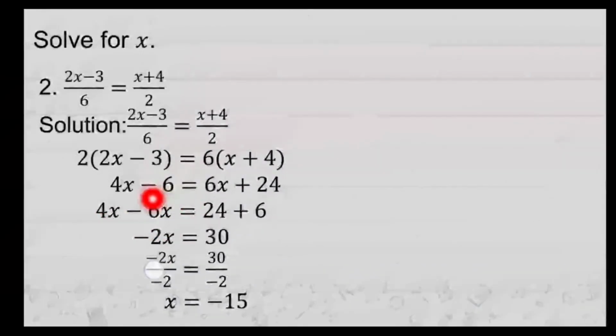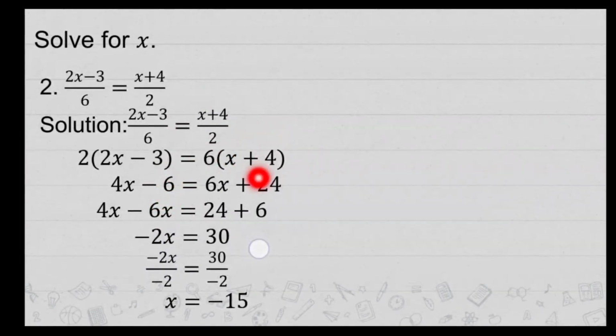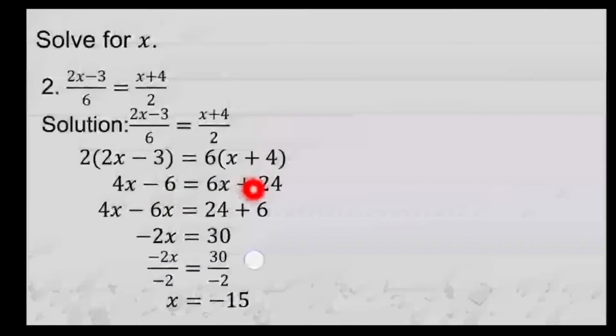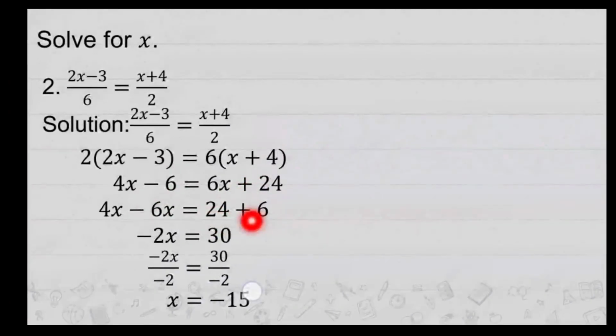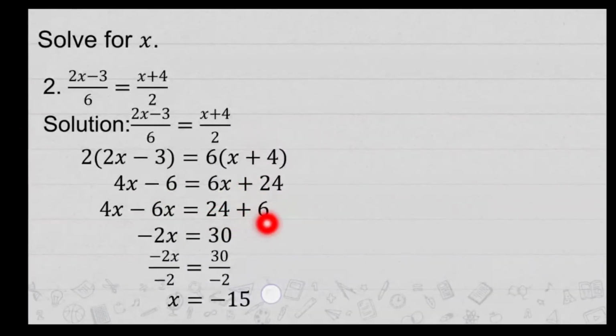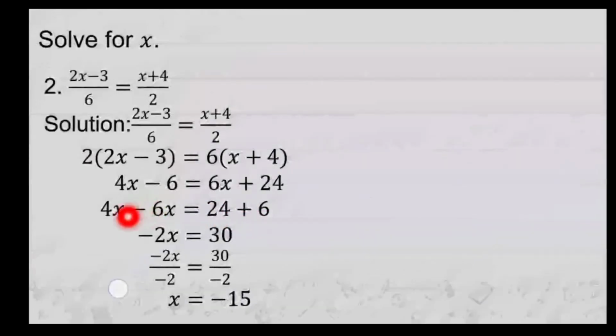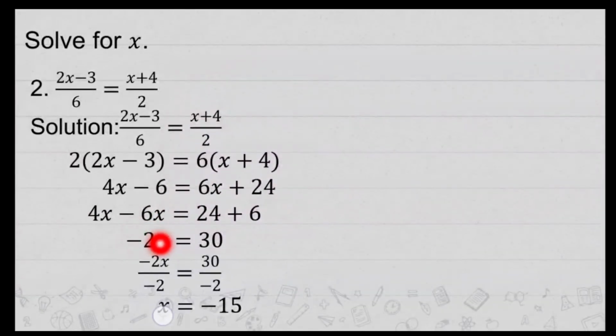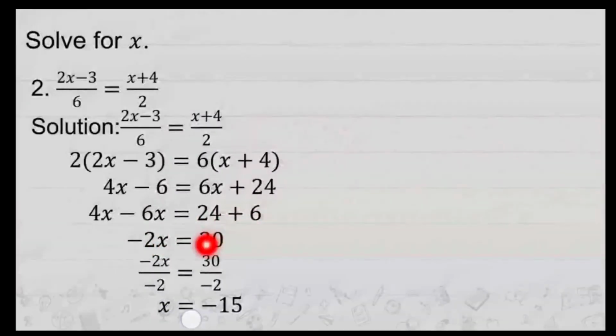Then negative 6, put it on the right side, it will become positive 6. So we will be having 24 plus 6, okay, positive 6. Let us simplify. 4x minus 6x is negative 2x. Then 24 plus 6 is 30. So negative 2x is equal to 30.